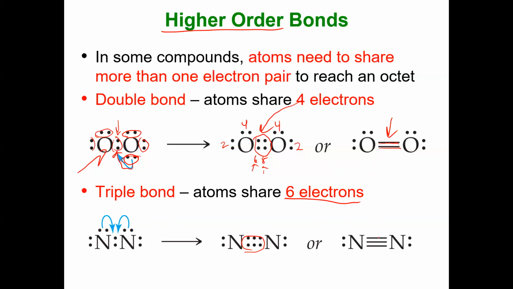And if you remember from the earlier video, oxygen's bonding pattern, right? It has 6 valence electrons. It likes 2 bonds and 2 lone pairs, like we saw with H2O. But you can get 2 bonds by having 1 double or 2 single in the case of H2O.